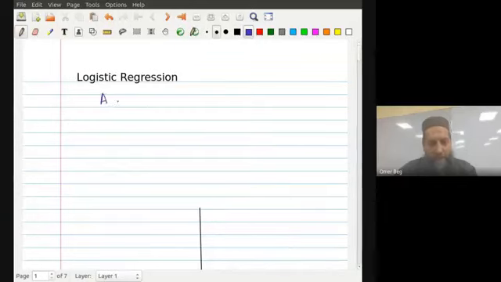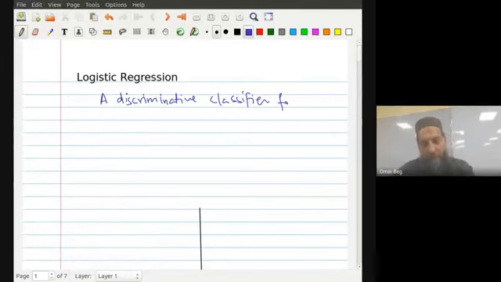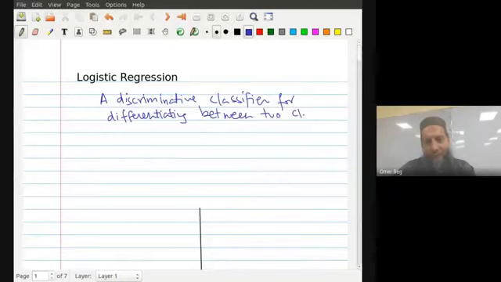Okay, logistic regression is a discriminative classifier for differentiating between two classes of documents.